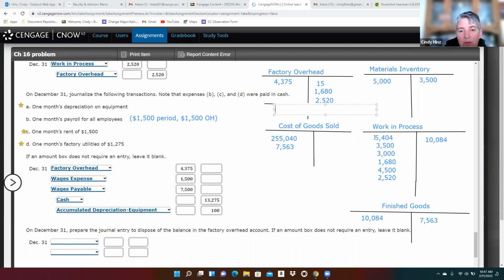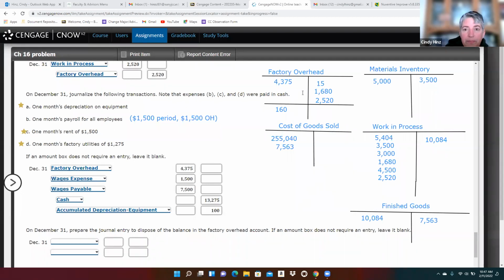And what I found was a debit balance of $160. Okay, the debits were more in total than the credits. So we end up with a debit balance, and it's that $160 that we need to dispose of.